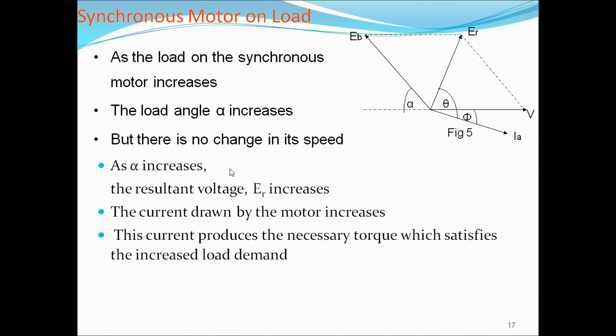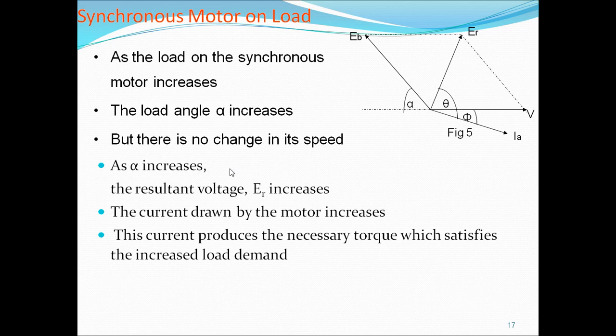Once again I am repeating, when the motor is on no load with no losses, then both the vectors, the back EMF and the supply voltage, are equal and opposite. So the armature voltage is V minus EB, which is 0.